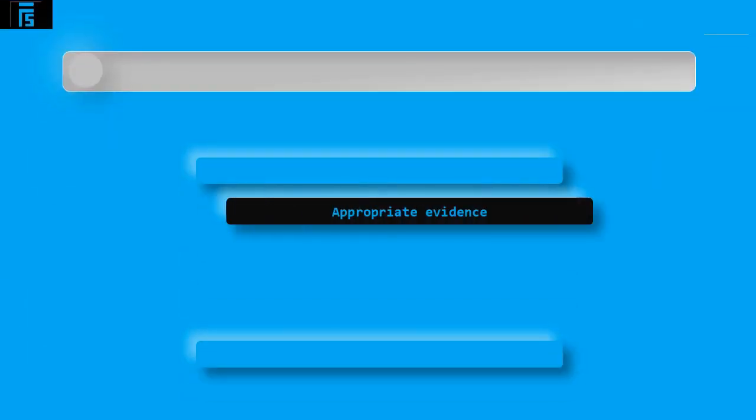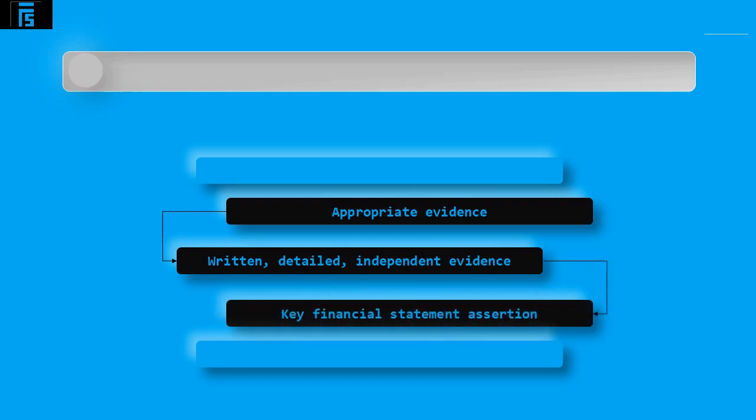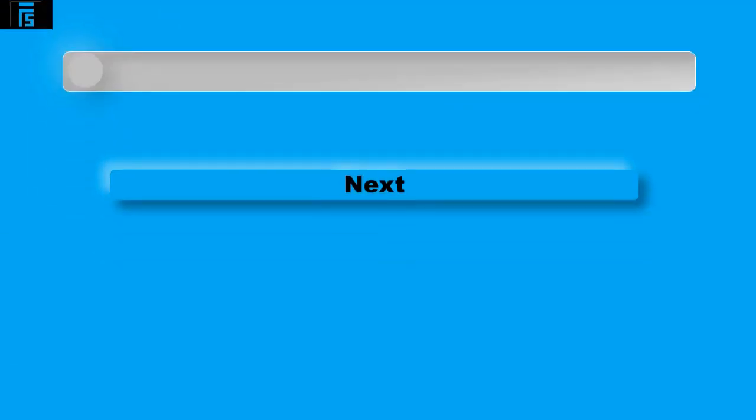The key for an auditor is to gather as much sufficient appropriate evidence when performing these types of audit procedures. Remember that the more written, detailed, independent evidence they can collect, the better. Each audit procedure must verify at least one of the financial statement assertions that is key to the balance being audited.